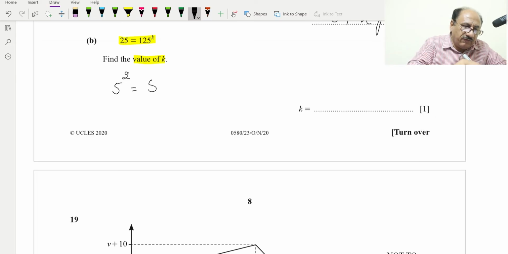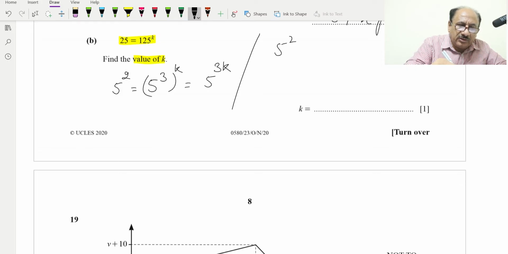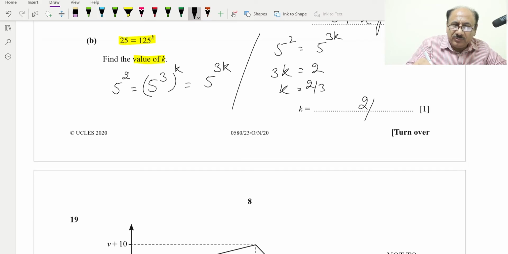So we can write (5 cubed) whole raised to the power k, and now we can rewrite this as 5 raised to the power 3k. So 5 squared is equal to 5 raised to 3k. Bases are same, so powers will also be same. 3k is equal to 2, so k is equal to 2 over 3. This is the final answer.